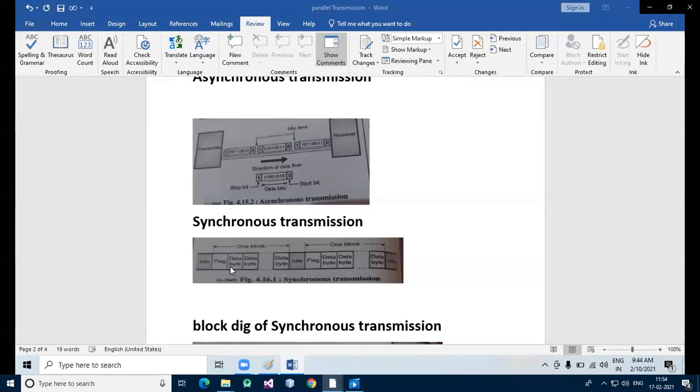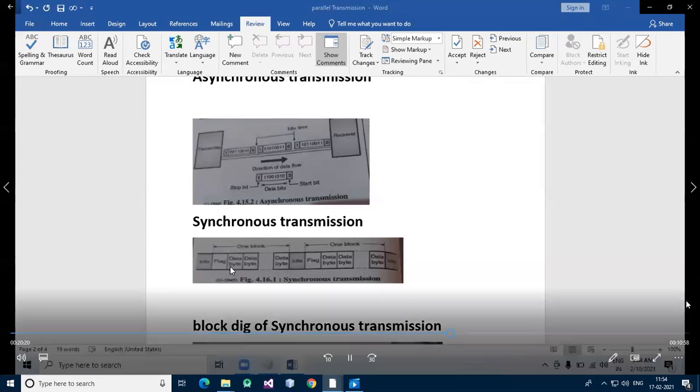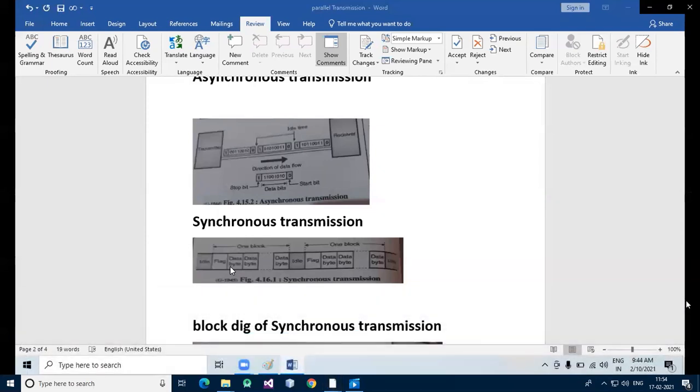A flag is a sequence of a fixed number of bits which is prefixed to each block, as shown in this figure. The flag is useful in identifying the beginning of a block.